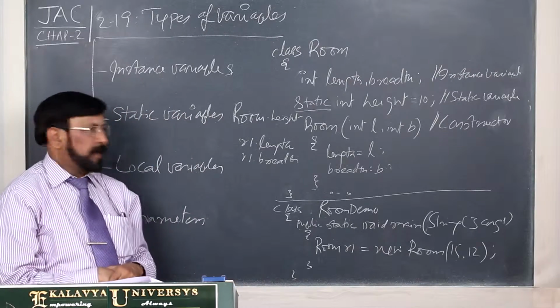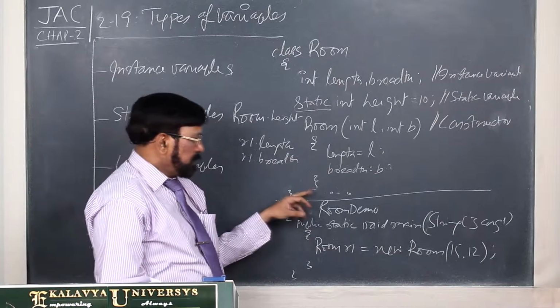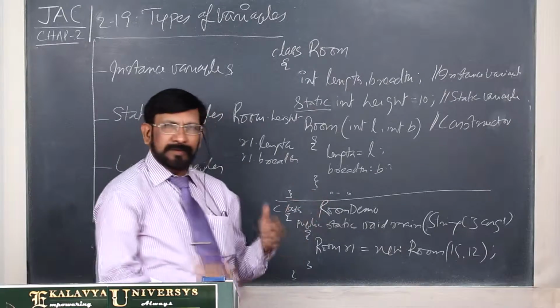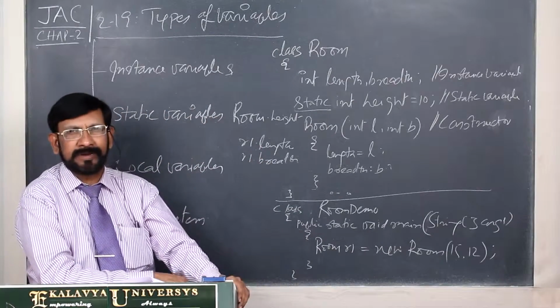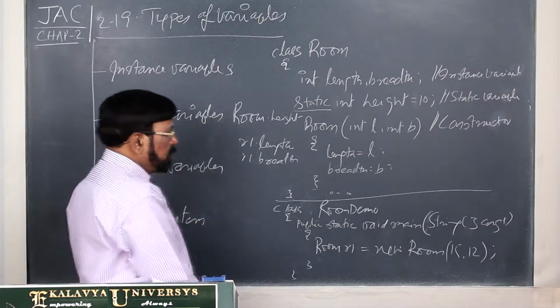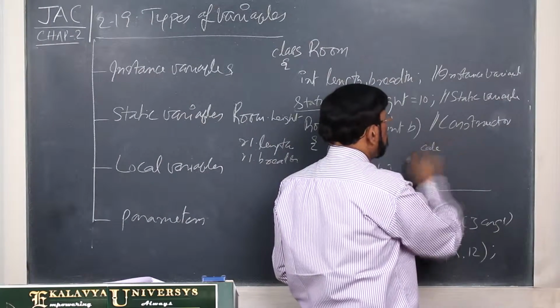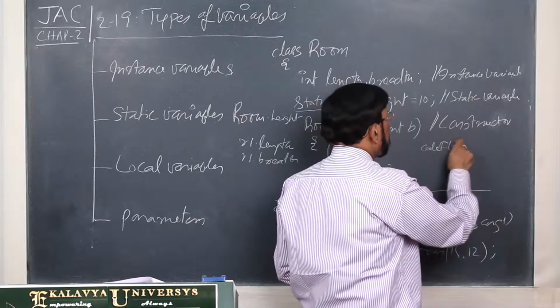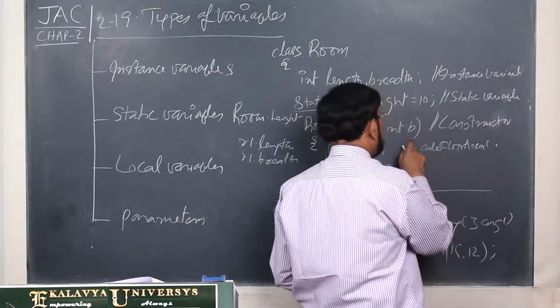Thereafter, local variables. Actually here I didn't define them, but in different methods we define them. Let us say an instance method. Just in a simple way, I define calculate floor area. Calculate floor area is the method.